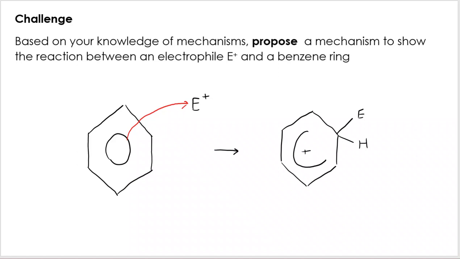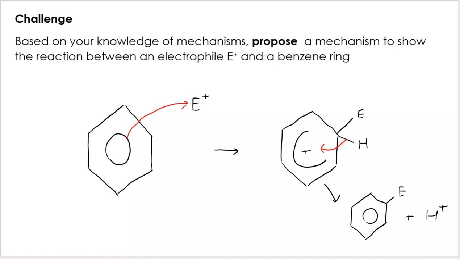And I'm remembering to add my positive charge within that broken ring. That then allows me to do the final part of this mechanism, which is whereby we lose an H. The electrons in the C-H bond move back in to help regenerate the ring. That then leaves me with my E that substituted the H that was there, and I've now got the H+ coming off. My delocalized ring has been reformed.